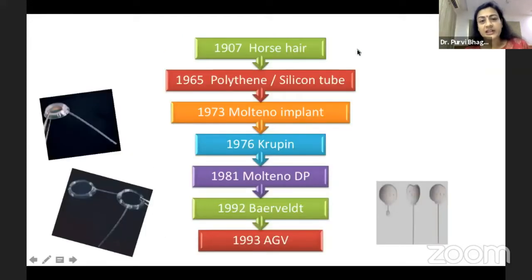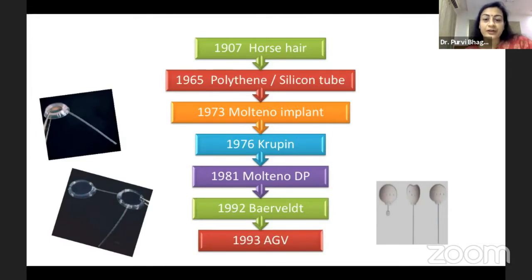Coming to the GDD history, the first drainage system that was used was a horsehair. Two corneal paracentesis minute wounds were created and a horsehair was threaded to allow for the aqueous drainage. This was then modified and worked on to convert it into a polythene silicone tube.